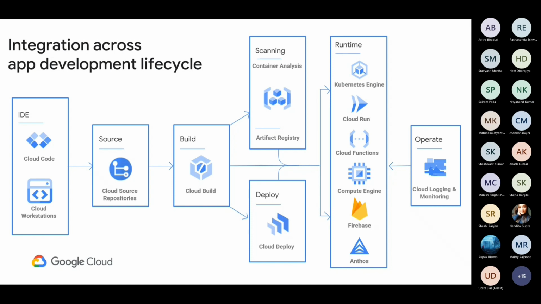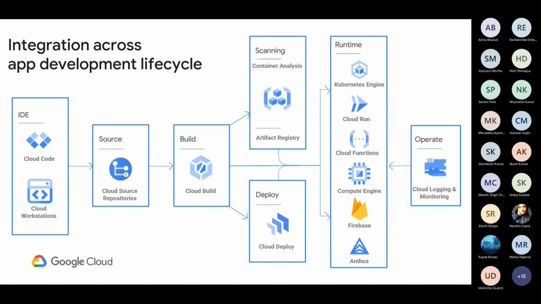Like we have Git, then we build our project. Then it goes to the deploy stage or the scanning stage. Scanning is container analyzing, like security scanning or something. And we deploy our code in the development stage. There are multiple runtimes. First we have the dev stage, then the stage environment, then the production deployment stage.